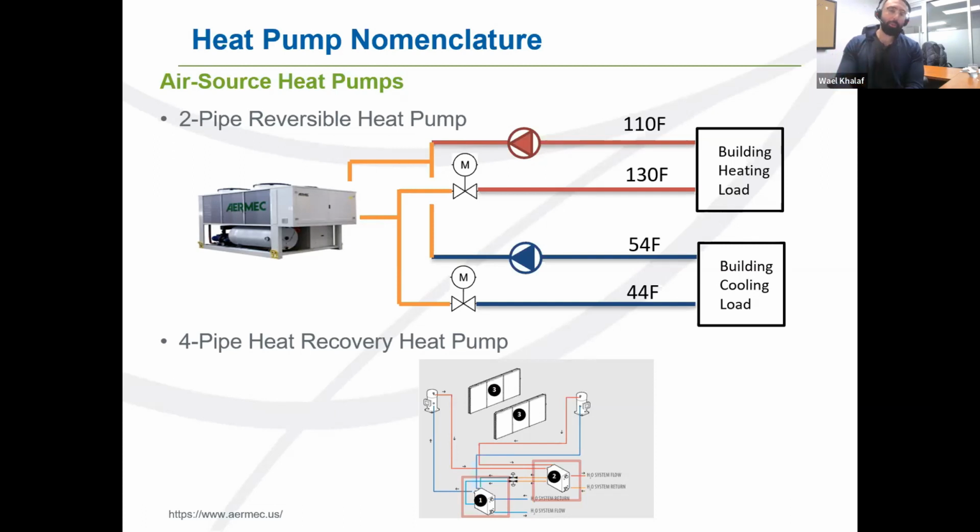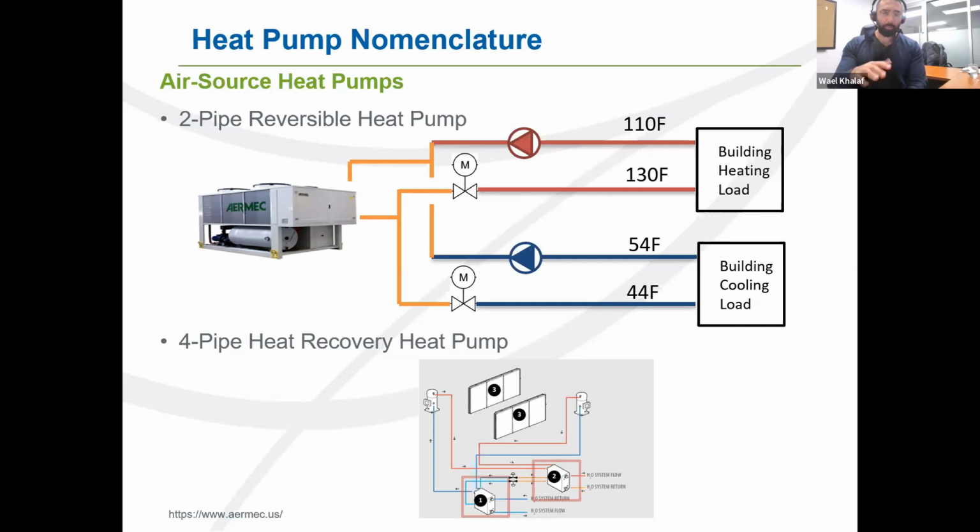The way we have it shown here is that whenever I'm in heating, I supply hot water to a particular hot water loop, and whenever in cooling, I divert that chilled water into my building cooling load. This is most commonly seen in buildings where I have a need for heating and cooling, but not both at the same time.